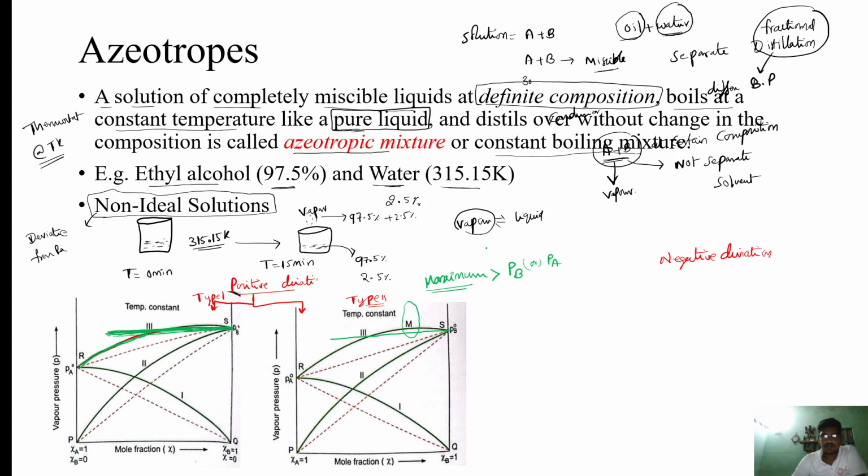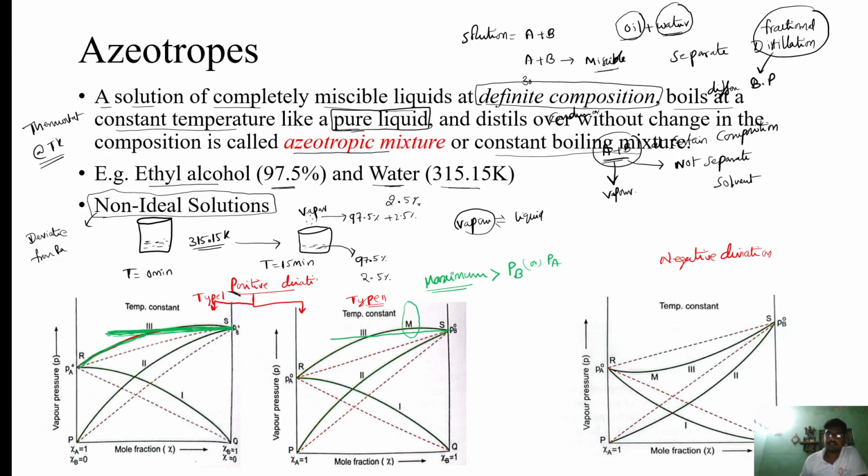Another one we have already studied is negative deviation. In this negative deviation, a minimum is observed, this minimum point. So type 2 and the negative deviation liquids, these two will act as azeotropes at a certain composition.